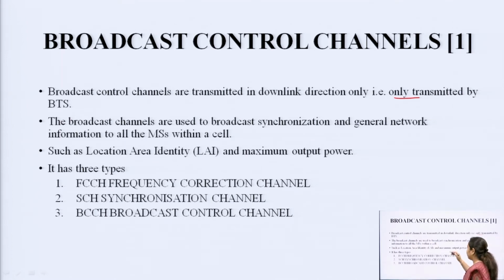The broadcast channels are used to broadcast synchronization and general network information to all the MS within a cell, such as location area identity and maximum output power. It has 3 types: FCCH, frequency correction channel; SCH, synchronization channel; and BCCH, broadcast control channel.